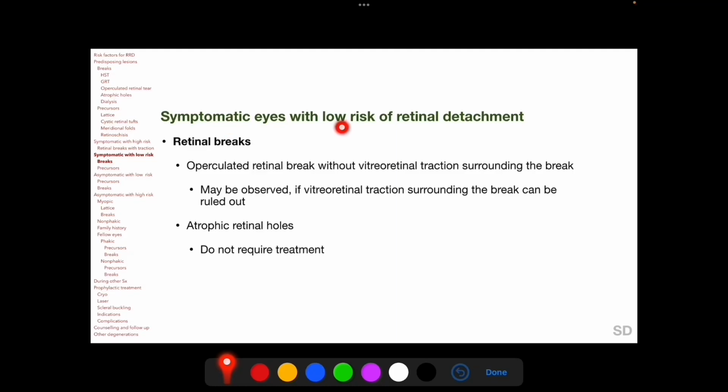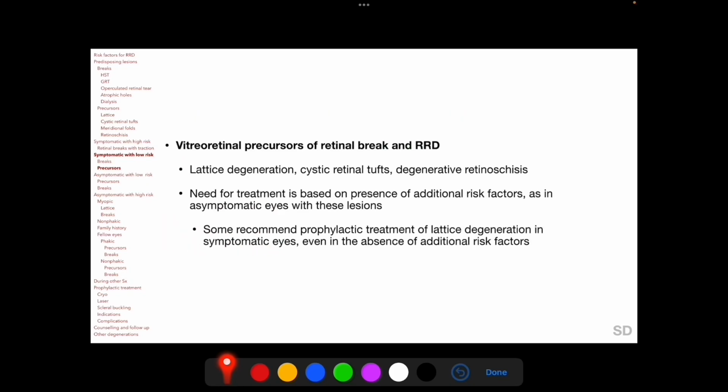Symptomatic eyes with low risk of retinal detachment include eyes with non-tractional retinal breaks and eyes with vitreoretinal precursors in the absence of a tractional retinal tear. Non-tractional retinal breaks include operculated retinal break without vitreoretinal traction and atrophic retinal holes which do not require treatment.